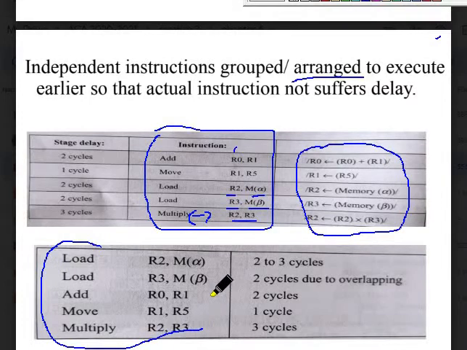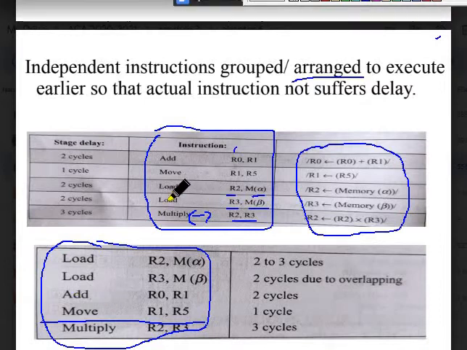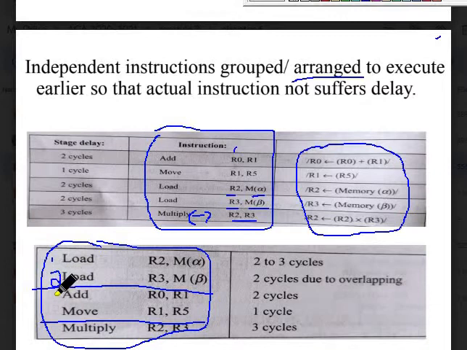We kept multiplication last only, but the load instructions, which were third and fourth, are placed in positions 1 and 2, and the earlier first and second instructions are now third and fourth.